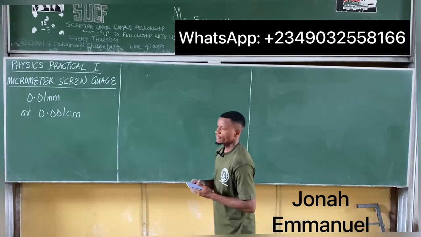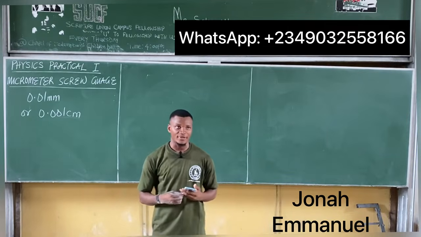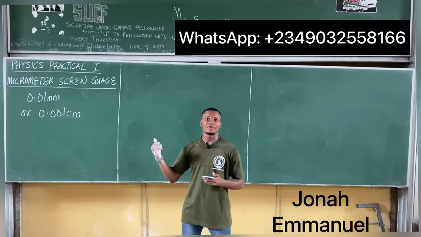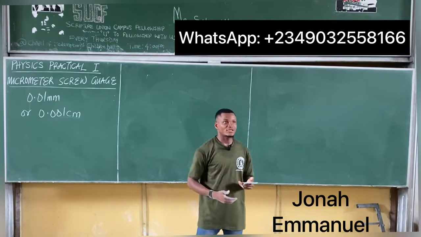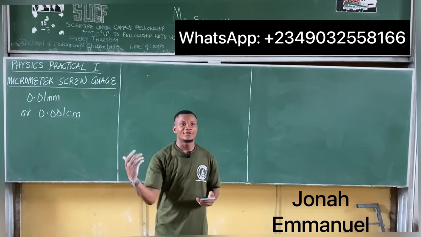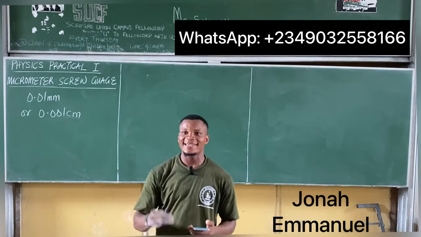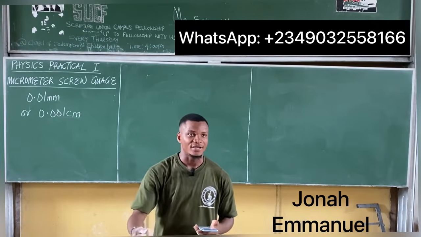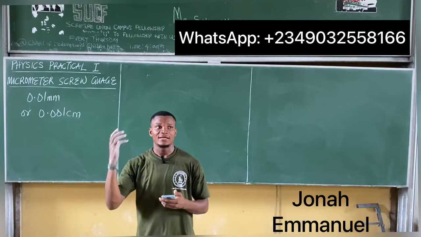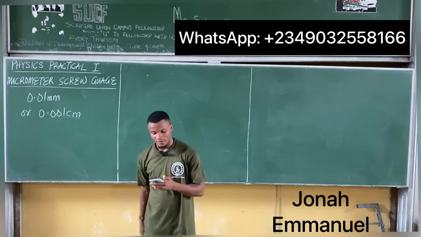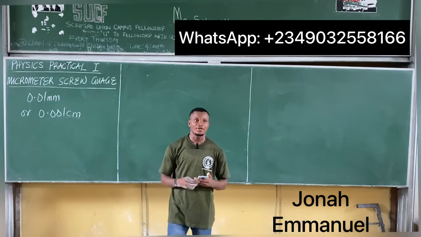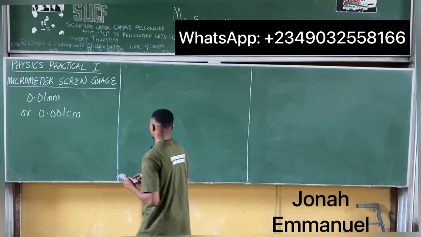Measuring accuracy for meter rule is 1 millimeter. For vernier caliper is 0.1 millimeter. For micrometer screw gauge is 0.01 millimeter. Of the three, the one with the highest reading accuracy is the micrometer screw gauge. All right, let's see how to read a micrometer screw gauge.